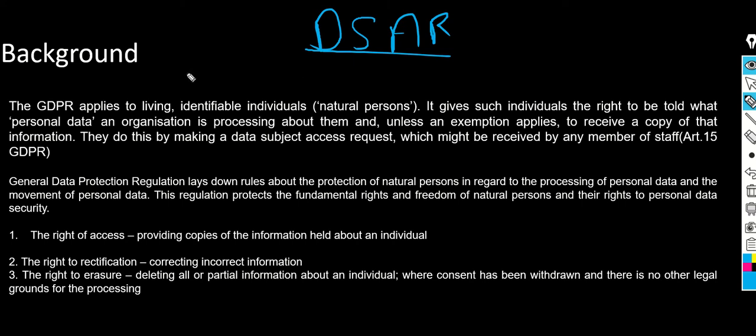GDPR and other privacy related regulations give certain rights to the individual. There are a total of 7 rights which have been given to the individual. To practice those rights, it is required to provide a process, or methodology, through which the data subject can request access to their rights.